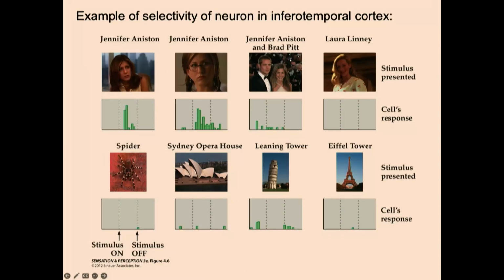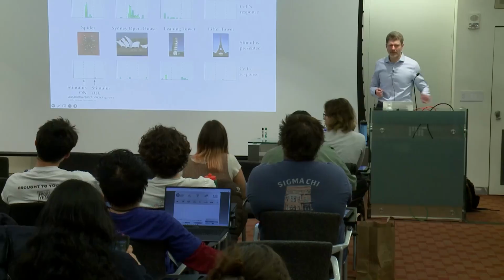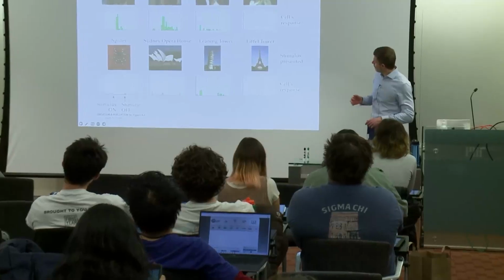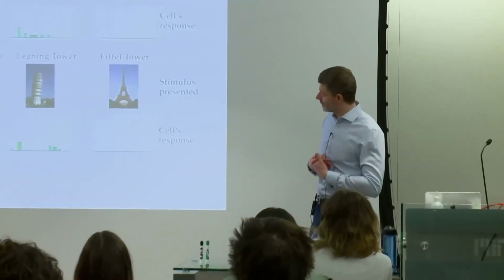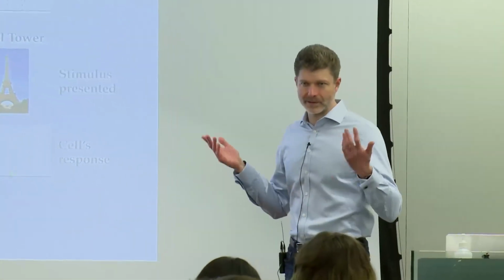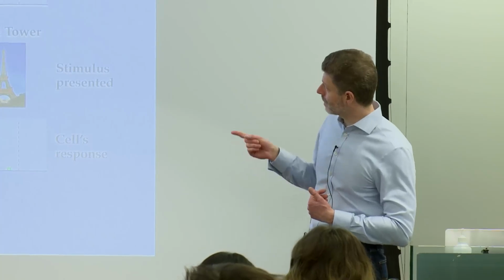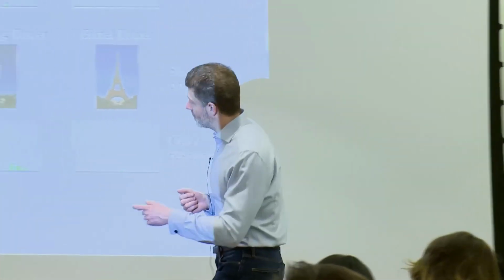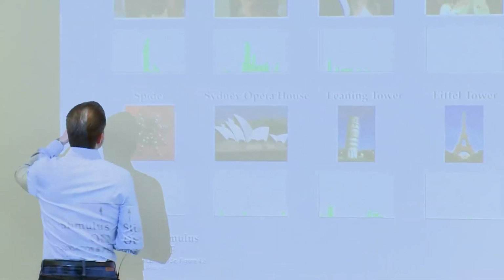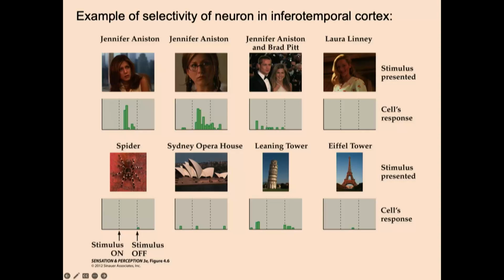So how many people have heard of the Jennifer Aniston neuron? Yeah, so that's one that made its way into pop culture. This is in inferotemporal cortex of a human who evidently watched some TV or movies. The diagram here shows example images, and underneath it, the response of this particular cell.